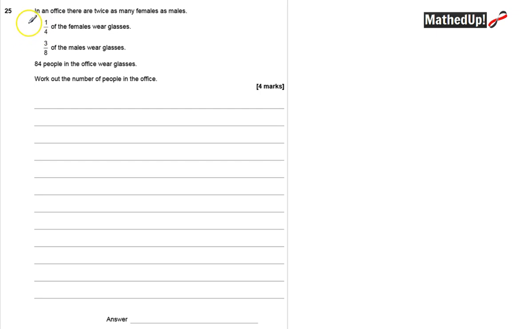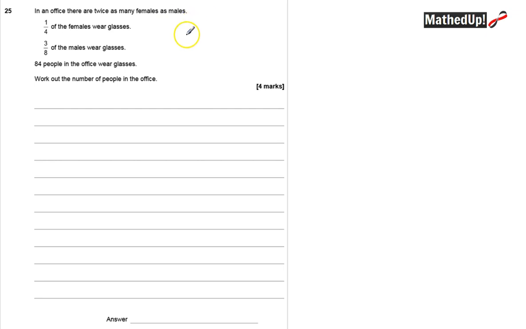Question 25. In an office there are twice as many females as males. 1/4 of the females wear glasses, 3/8 of the males wear glasses, and 84 people in the office wear glasses in total. And we need to work out the number of people in the office. So it looks like we're going to use some algebra to solve this problem. So in an office there are twice as many females as males.